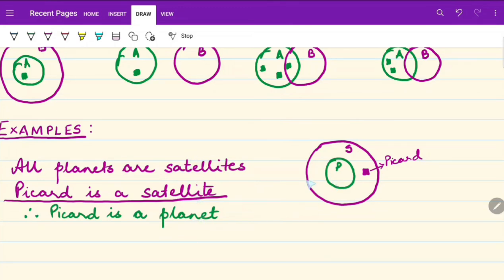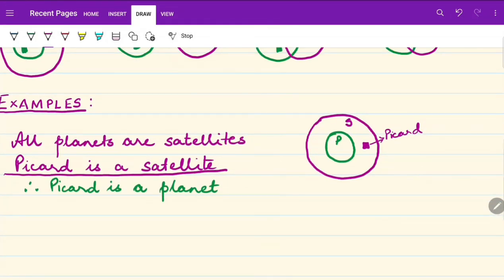Now I'm going to draw this picture again, but I will be including the conclusion within this picture. All right, so this is how it's going to be. It says, therefore, Picard is a planet, correct? So if that were true, if that were valid, then the picture would look like this.